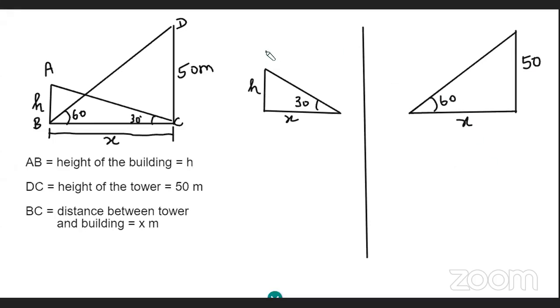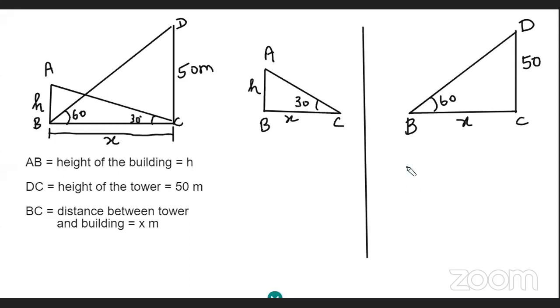Now, if you look at the first figure, that is the 30 degree one, I have both the information unknown, meaning height is h and the distance is x. So I don't have any other information other than the angle of elevation, correct? Whereas if you look at the other triangle, that is DBC, I know the height of the tower, right? So I'm going to first solve this triangle, get my x, and then find the h.